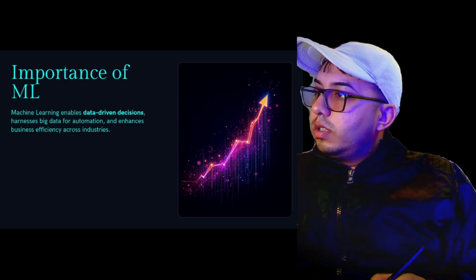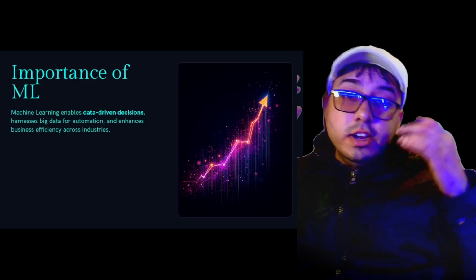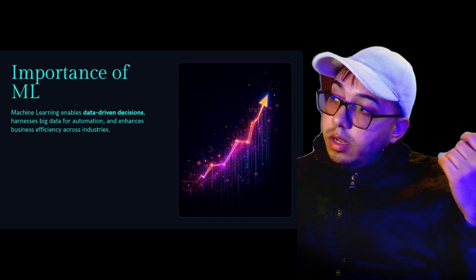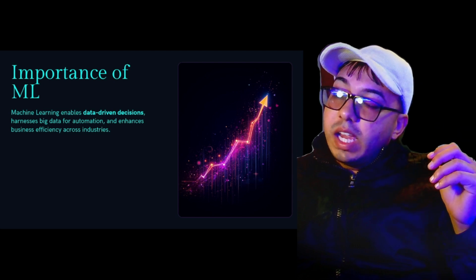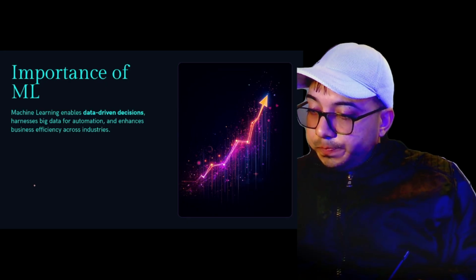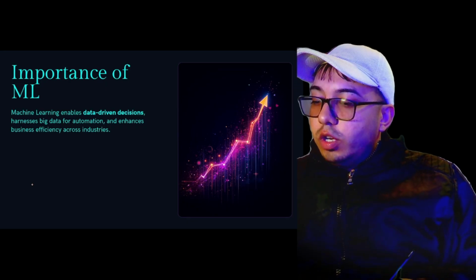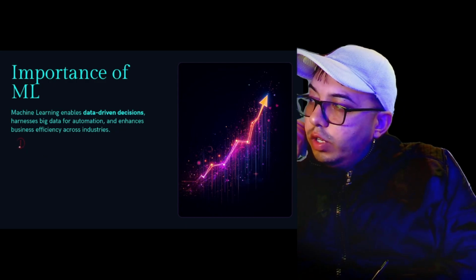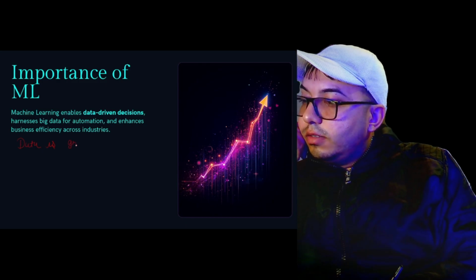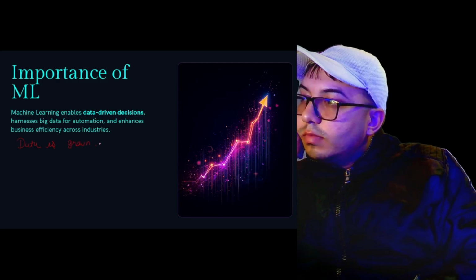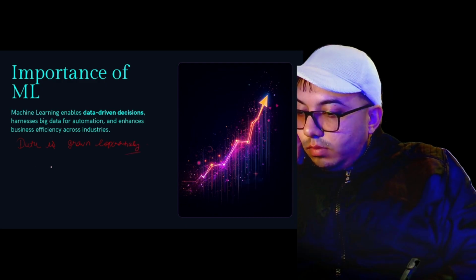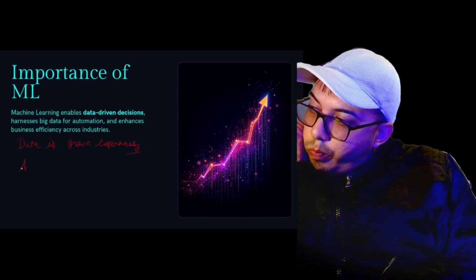So why is machine learning important? Machine learning enables data-driven decisions, harnesses big data for automation, and hence improves business efficiency across industries. Data is growing exponentially, we use it for large datasets, and automation is required.